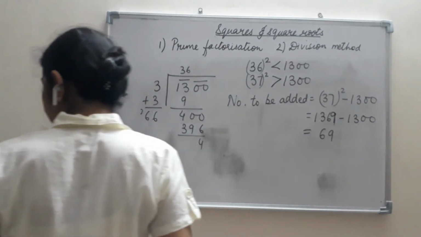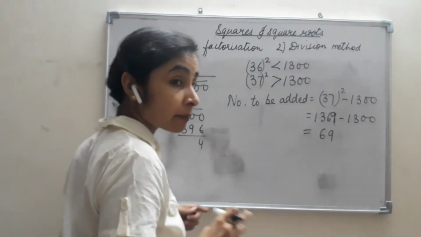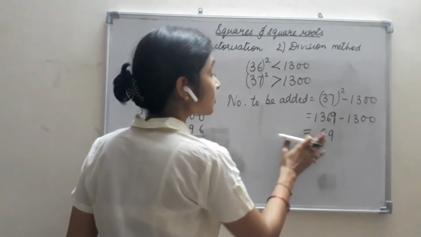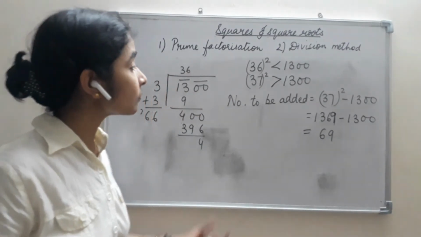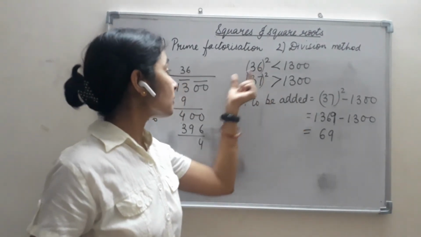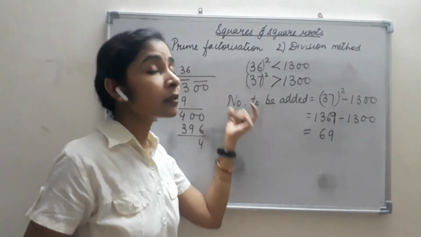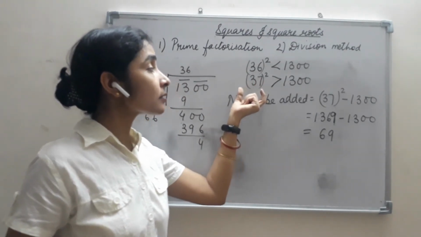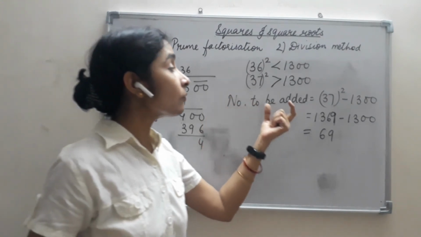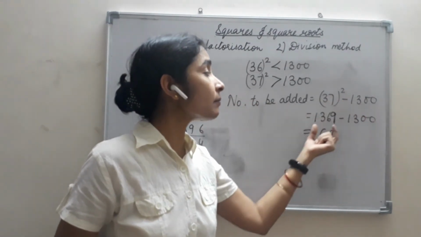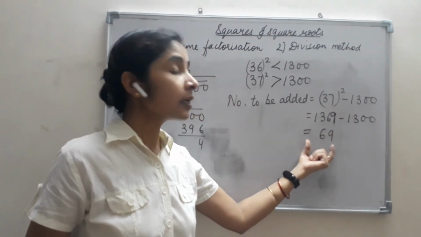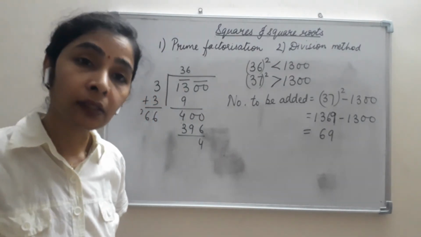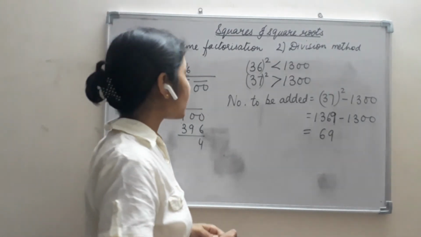So which is the number which should be added to this number to make it a perfect square? That is 69. 69 should be added to it because this number is greater than 36 square and less than 37 square. So to make it 37 square, I'll just subtract this number from 37 square and get the number that should be added. So what do we do here?